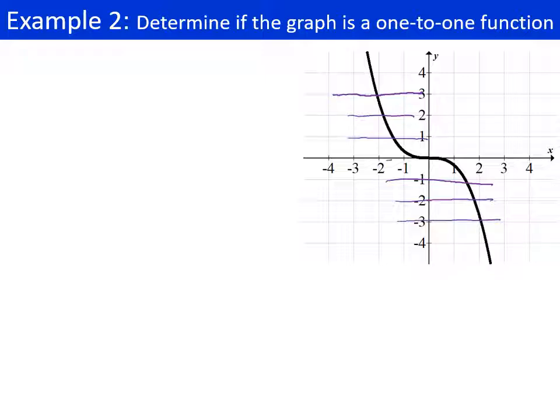Now it's kind of hard to determine here in the middle whether or not it touches in exactly one spot. However, I'm assuming that it does. Therefore, this one is a one-to-one function, meaning that it has an inverse.